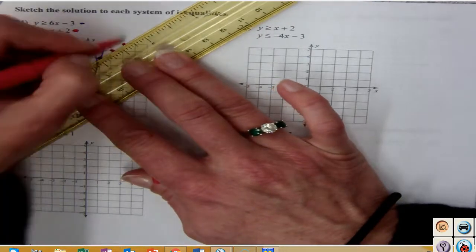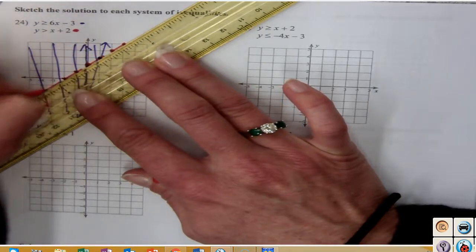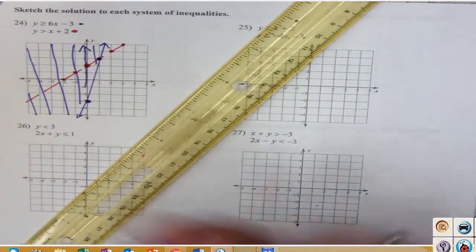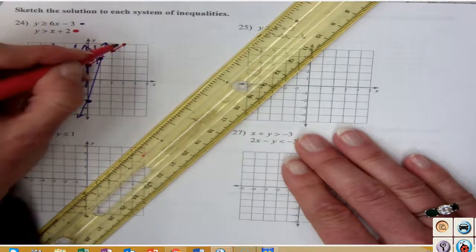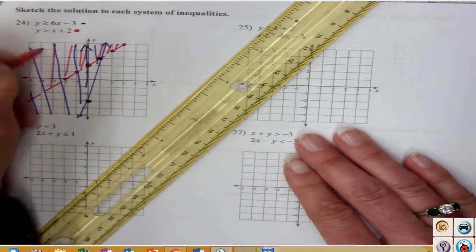This time I'm going to do a dashed line because it is not equal to, it's only greater than. So the part that I would shade in here is above. It also includes that tiny little area that the other one didn't.